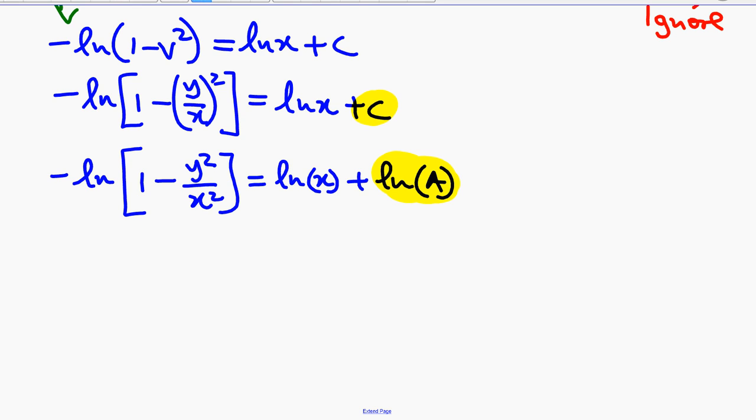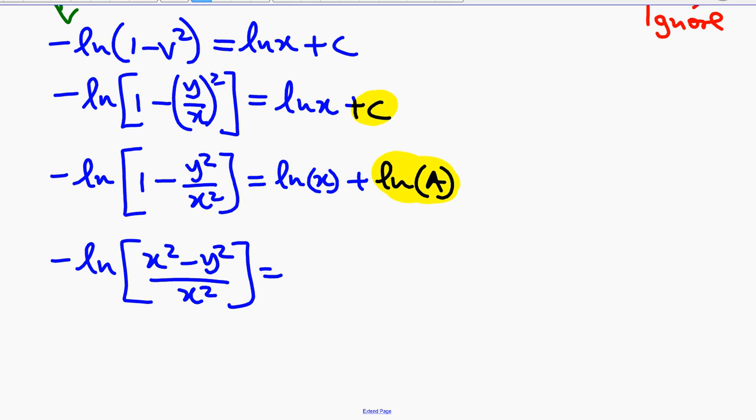And let's just carry on simplifying this. On the left-hand side, we can write this as negative ln of, let's write this as a single fraction instead of having two fractions, so (x squared minus y squared) over x squared. And then here we'll have ln ax.